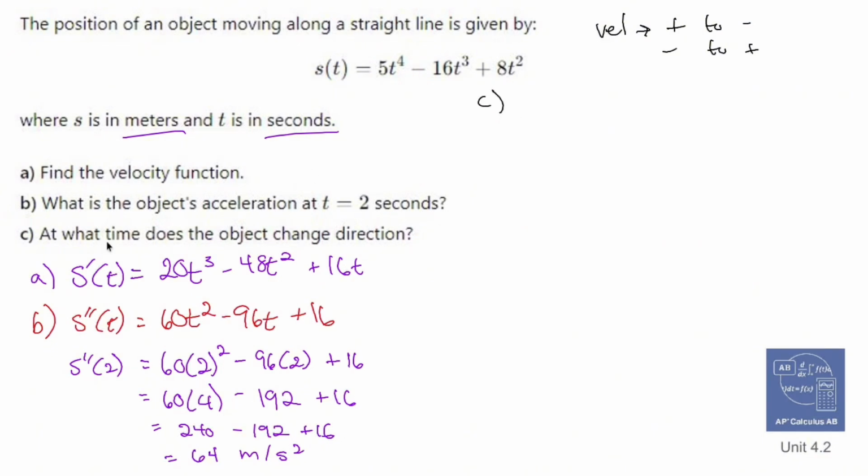So problem C involves me taking the velocity function and setting it equal to 0. So 0 is equal to 3t cubed minus 48t squared plus 16t. I have a 4 and a t in common with all of those, so let's rip that out. 4t, that's going to leave me with 5t squared minus 12t plus 4.